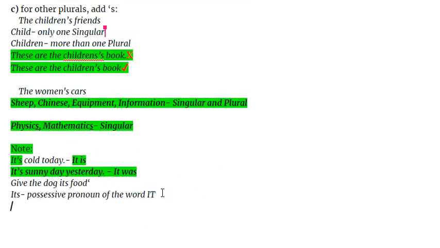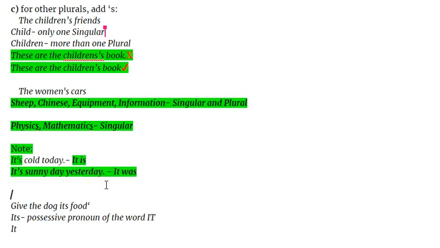But this one, it's, is like it is, it was. But we also have its. And that's the note. That is the possessive pronoun of it.